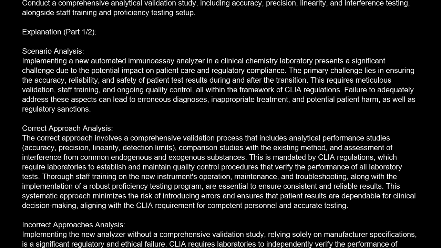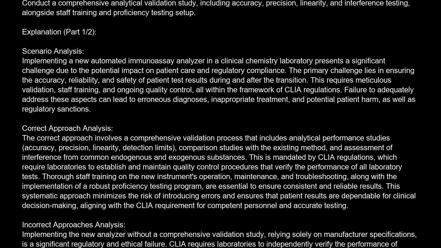Correct approach analysis. The correct approach involves a comprehensive validation process that includes analytical performance studies, accuracy, precision, linearity, detection limits, comparison studies with the existing method, and assessment of interference from common endogenous and exogenous substances. This is mandated by CLIA regulations, which require laboratories to establish and maintain quality control procedures that verify the performance of all laboratory tests.